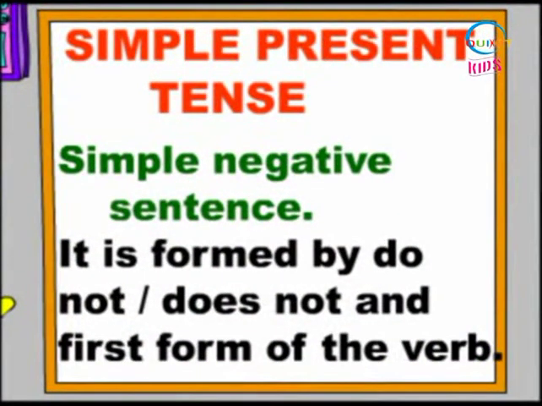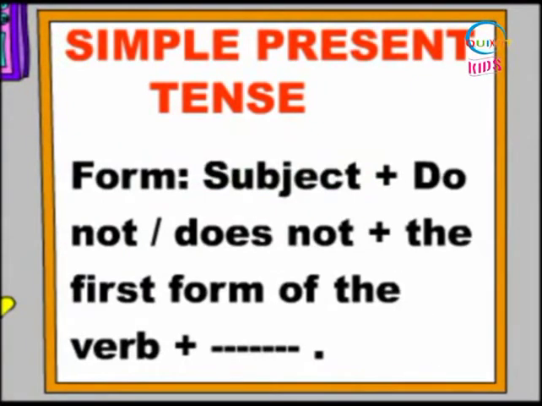3. Simple negative sentences. It is formed by do not or does not and the first form of the verb. Form: subject plus do not, does not, plus the first form of the verb plus the activity.